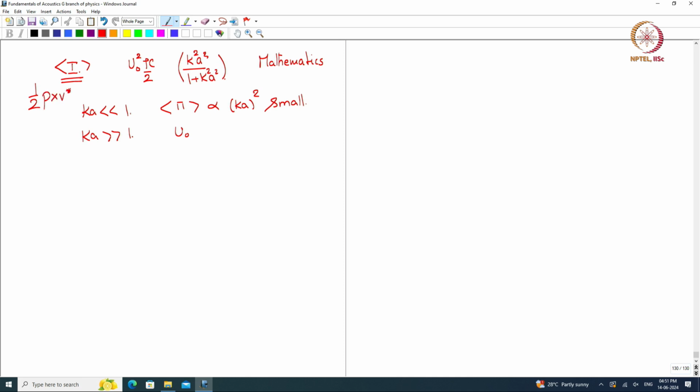You need to multiply by an area to get the power. So now this is going to be u0 square rho c by 2, so it is independent of Ka.